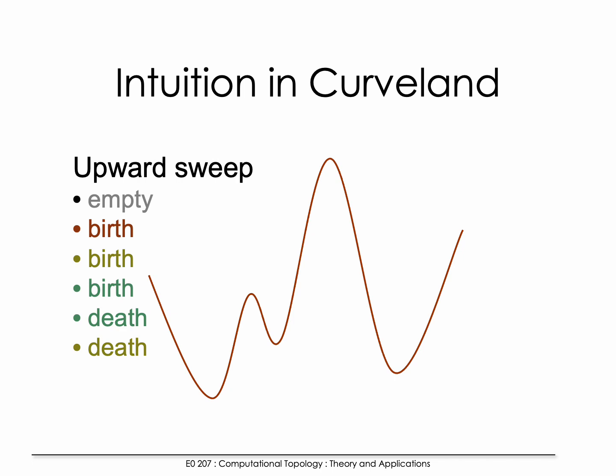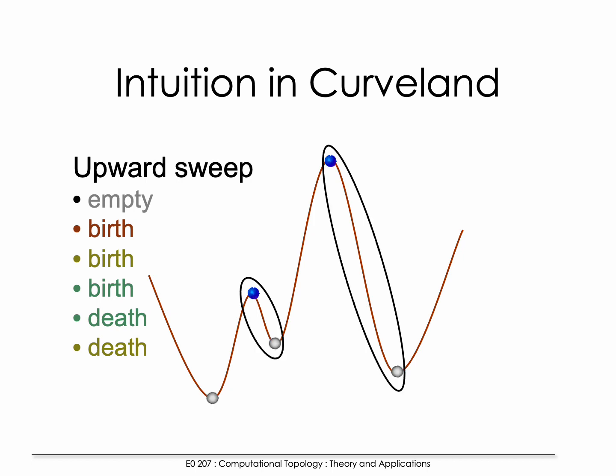So the surviving component is the brown component. So as you can see, during this sweep we had various birth events, and these birth events were at the local minima, there were death events at maxima, at local maxima.